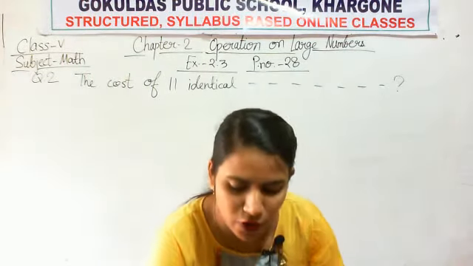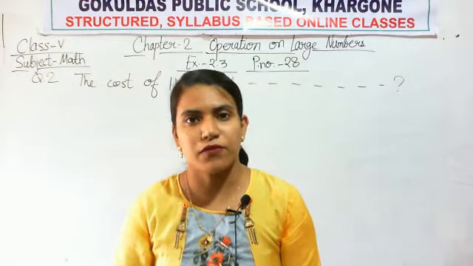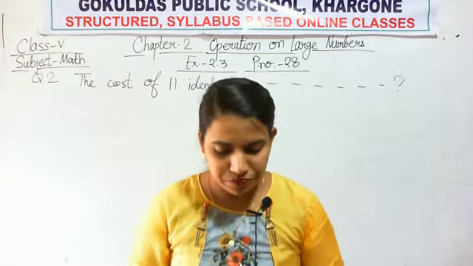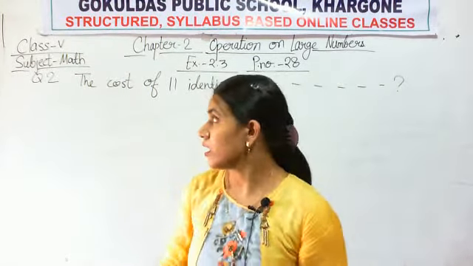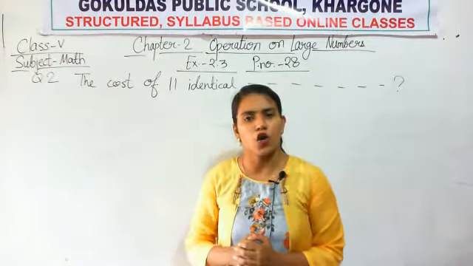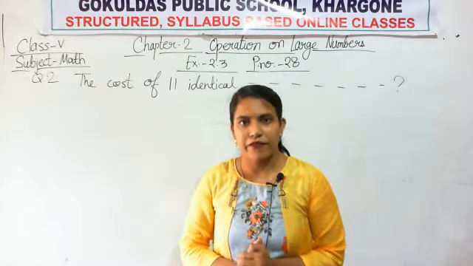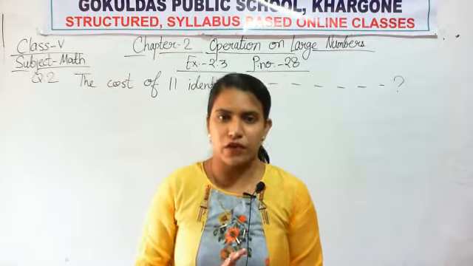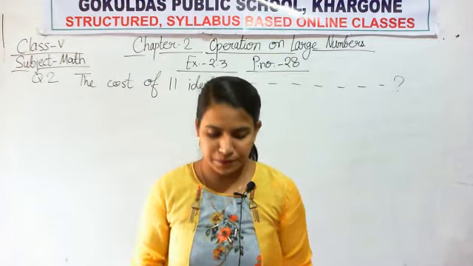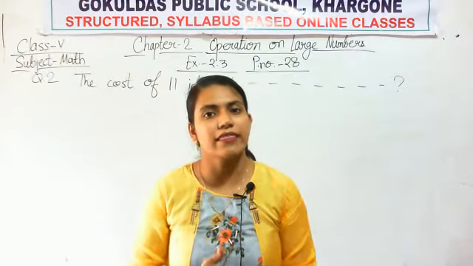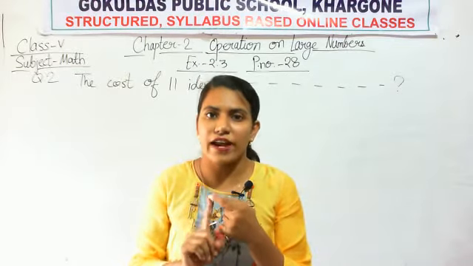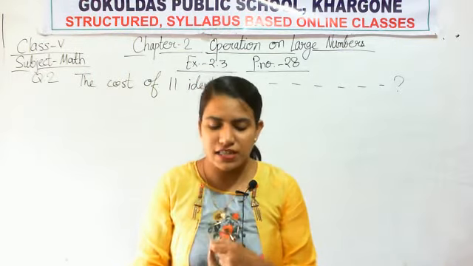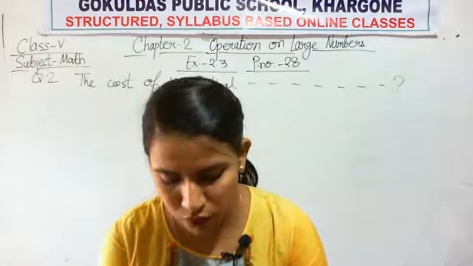They are asking for the cost of one mobile phone. We remember to identify the problems based on division. How will you identify? If they have given a large number of data and they are asking to find for one, then in such cases you have to do division.